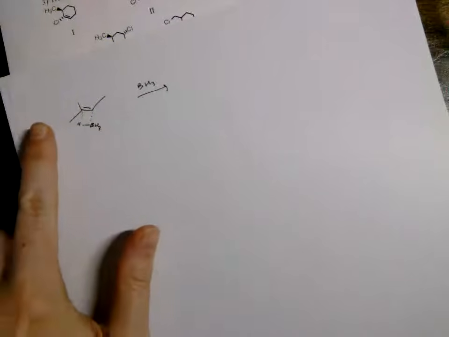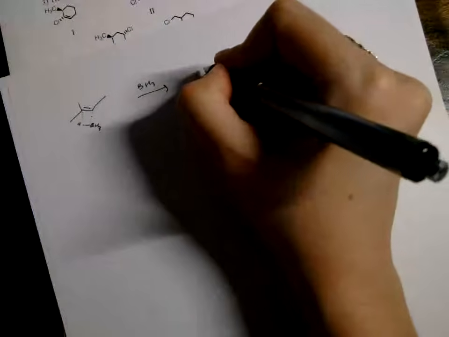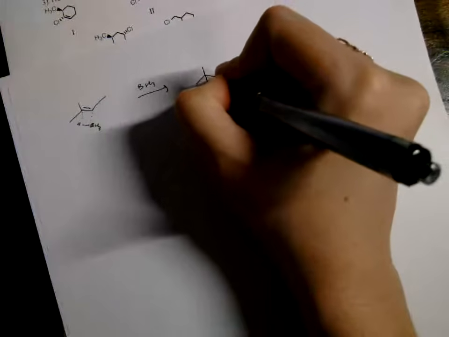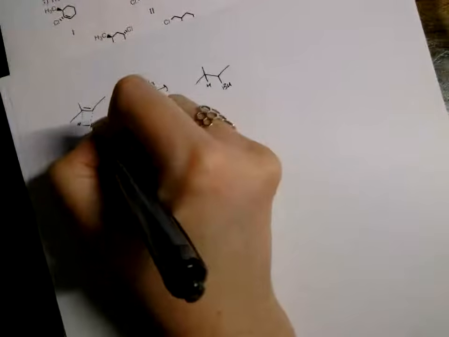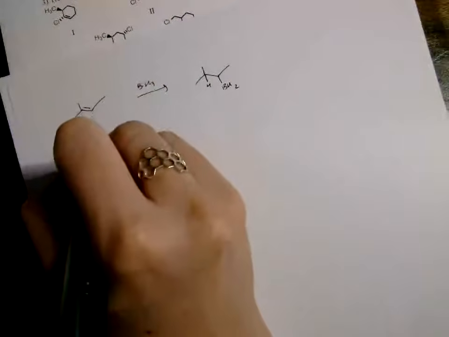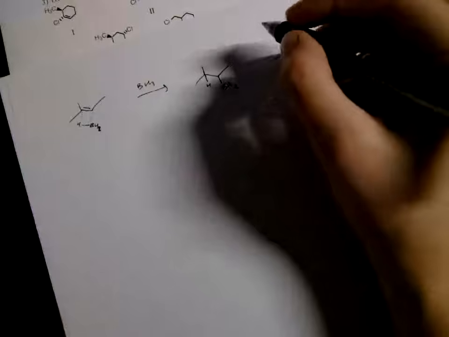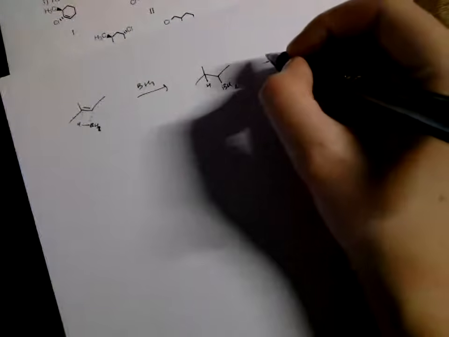So it'll form something that looks sort of like this. So after your first step, you actually end up having an H here and a BH2, not a BH3, because this is BH2 with an extra hydrogen bonded to it. And then your BH2 will be replaced. This is your hydroboration step.